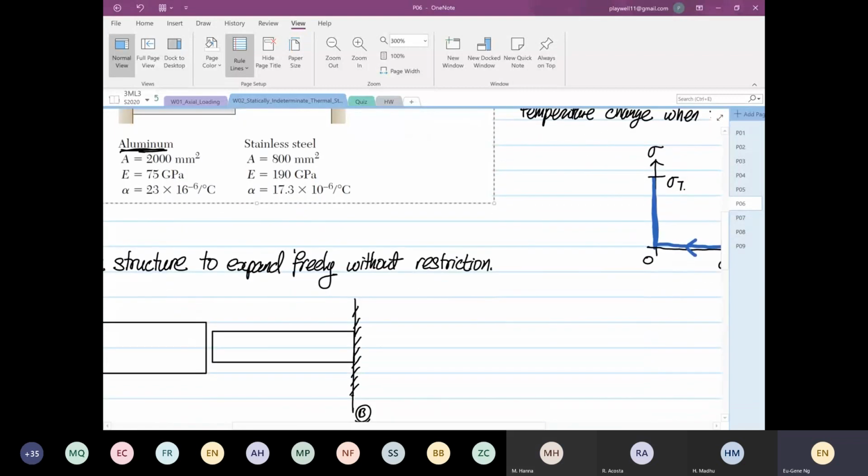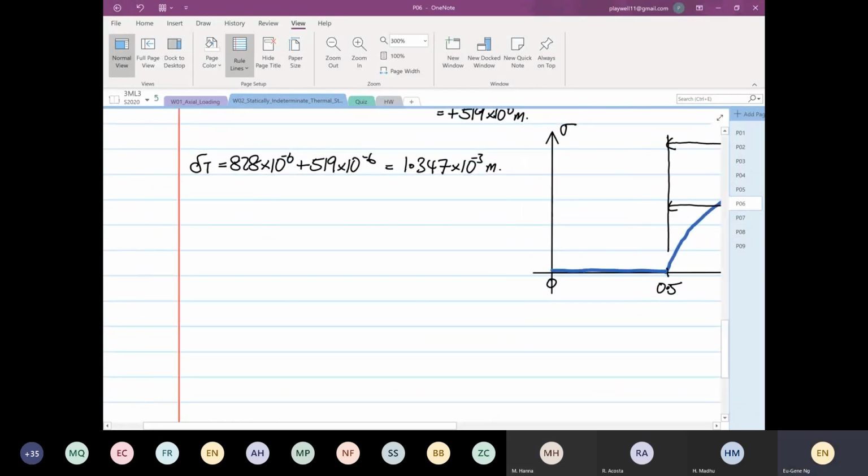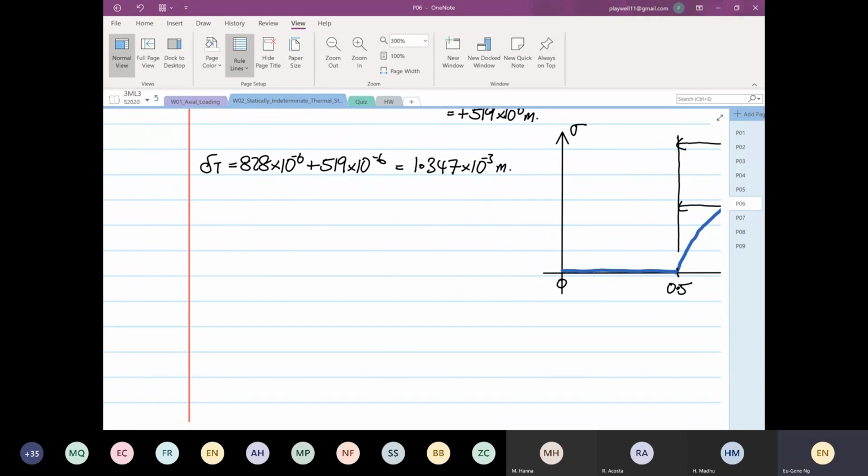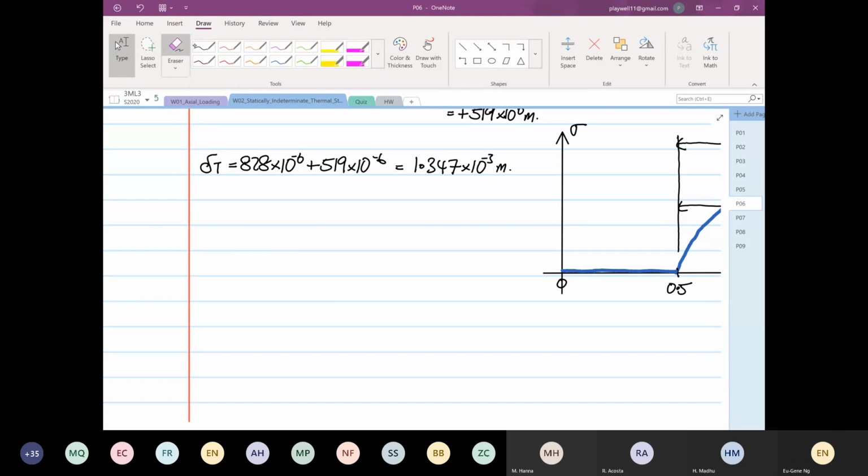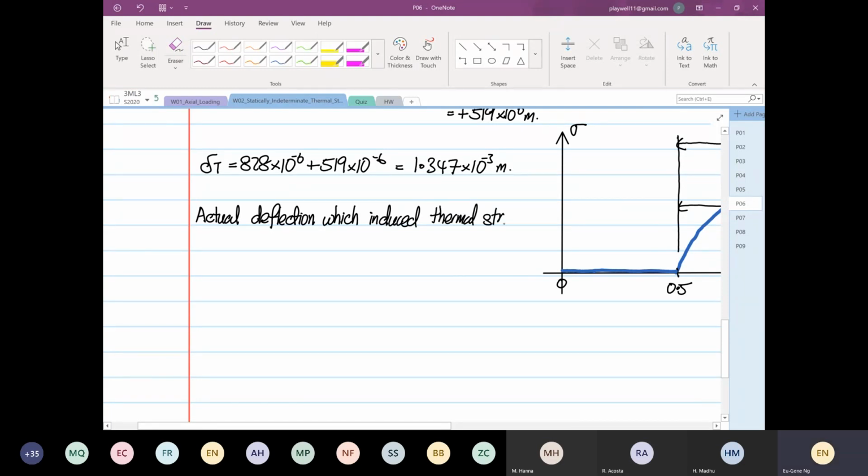So what we realize now is that the actual deflection which induced thermal stress is equal to 1.347 times 10 to the power minus 3 minus 0.5 times 10 to the power minus 3.